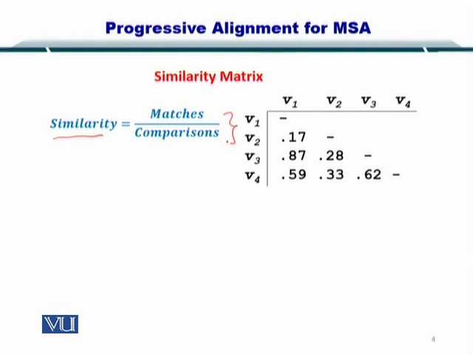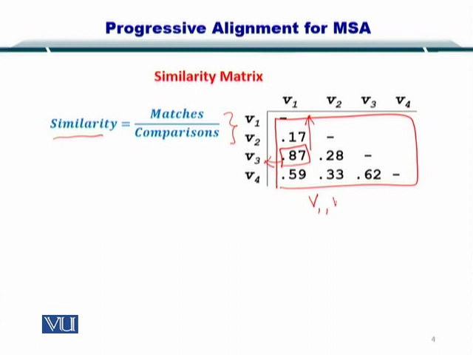So if you look at this similarity matrix, then you can see that amongst all the values in this matrix, the highest value is 0.87, and this is between V1 and V3.